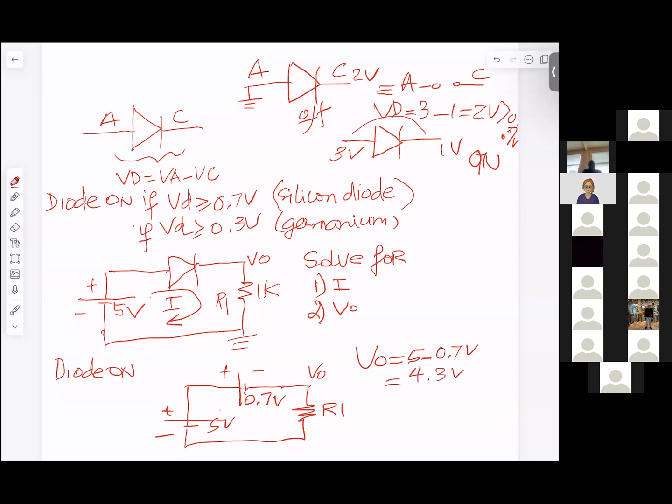That's because the 0.7 battery's positive is connected to the 5 volt battery's positive, and you can't add them up.